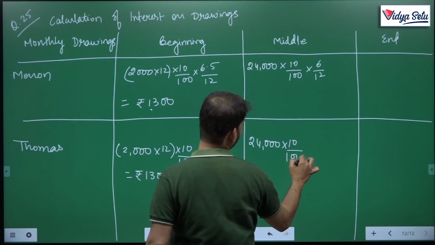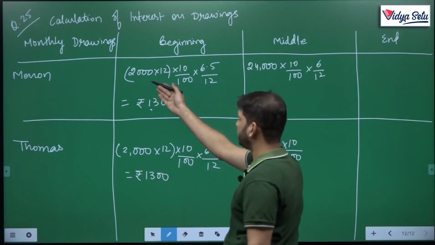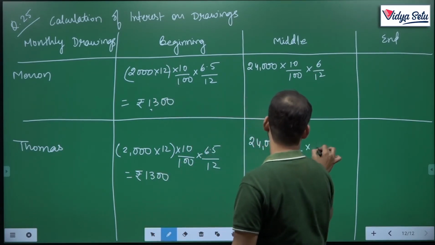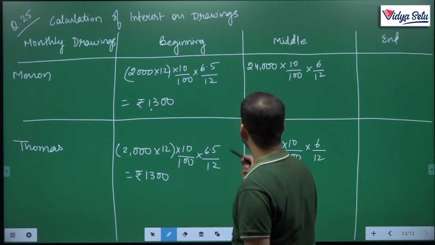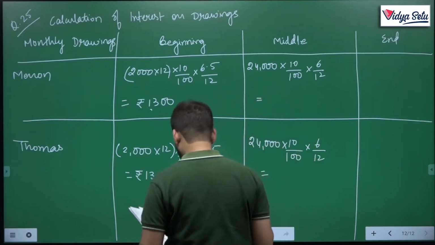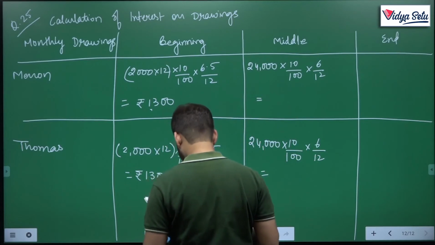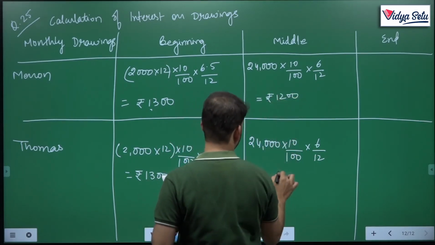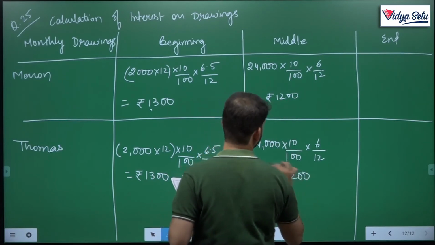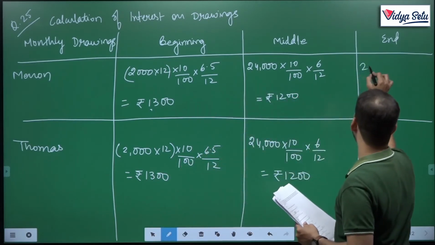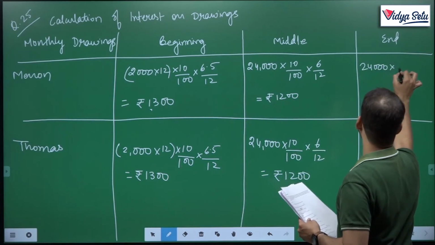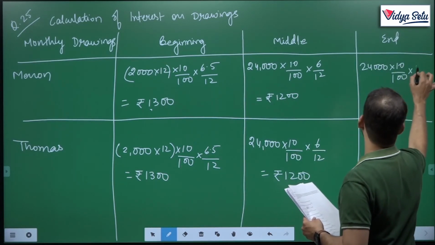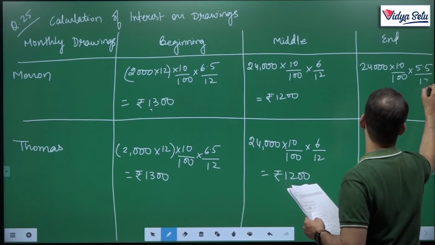I just wrote 24,000, instead we could write 2,000 into 12. So, Mannon and Thomas both will have the same answer. Middle of the month, rupees 1,200. And if he is withdrawing at the end of the month, 24,000, 10% into 5.5 upon 12.